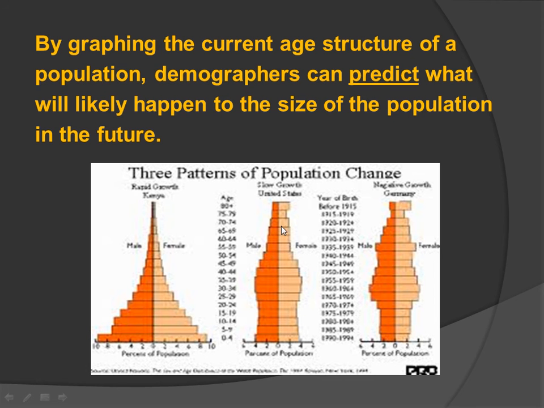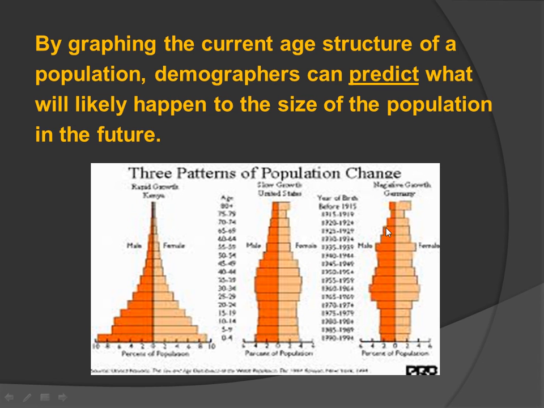So if scientists graphed the population of a country and they got this shape, that would tell them there's going to be slow population growth. Now this shape is showing negative population growth. Look how much smaller the numbers of younger people are than everything else.